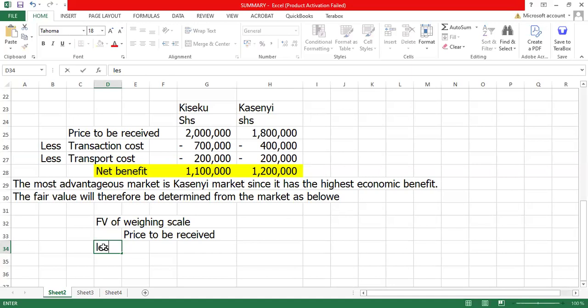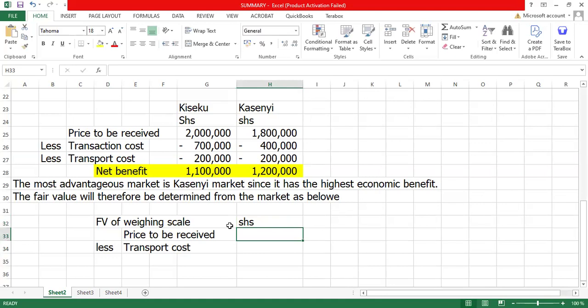So you remove the transport cost. Here you have the price to be received, 1.8. Then the transport costs, it's 200.